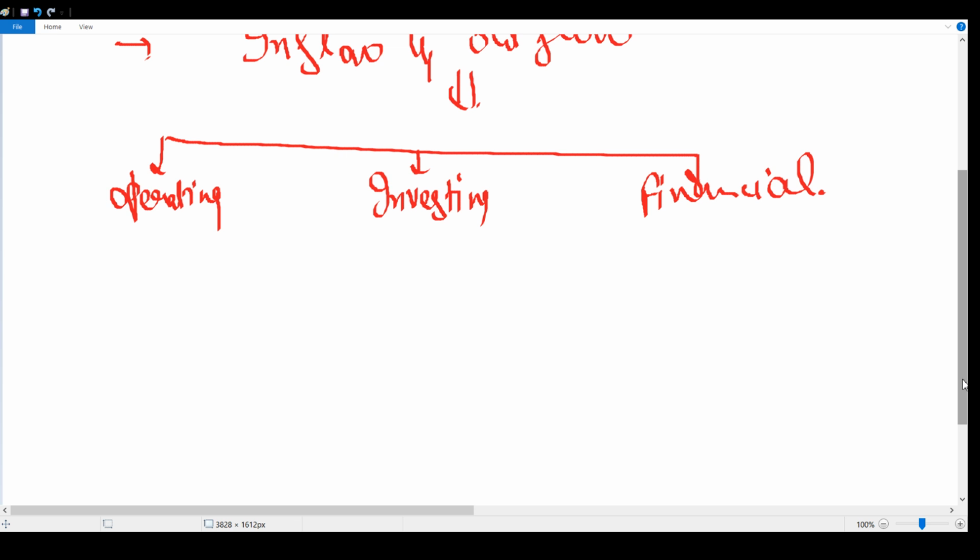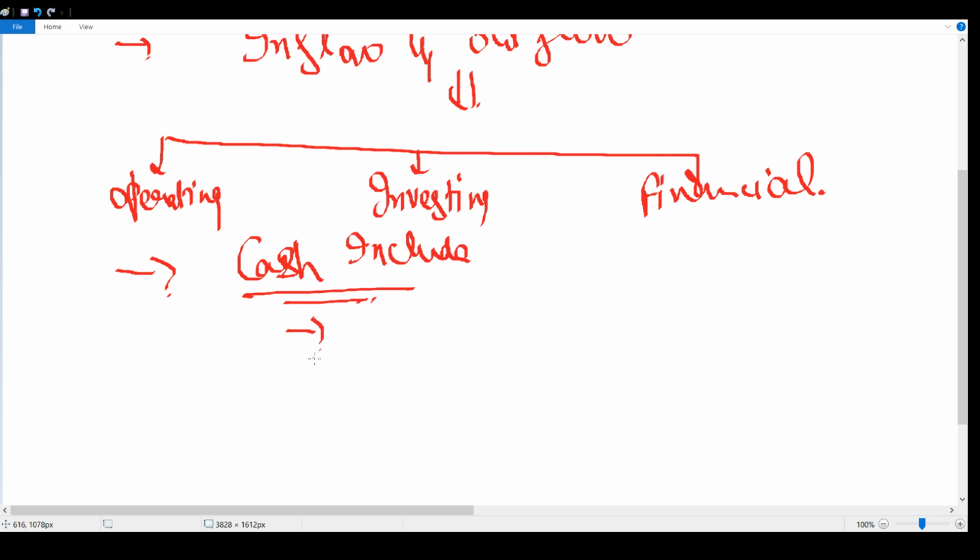And as per Accounting Standard number 3, what does cash include? The cash shall include cash in hand. I hope you all are noting these points side by side.